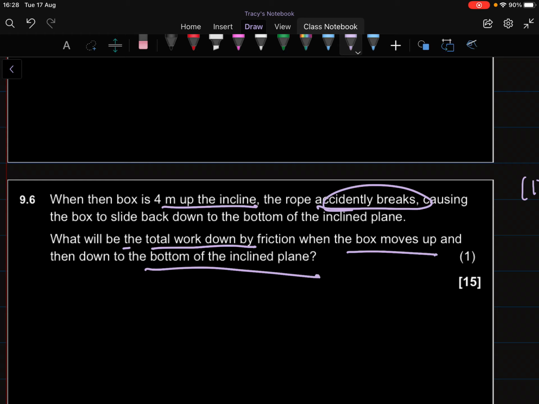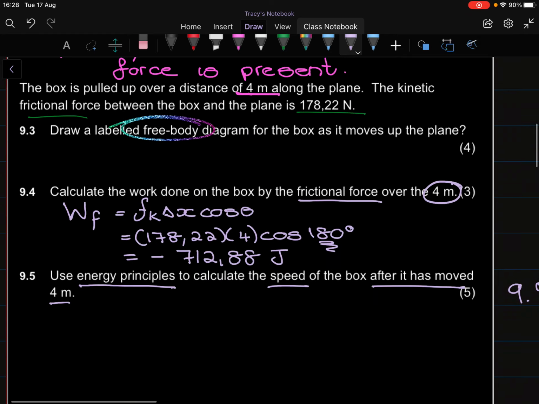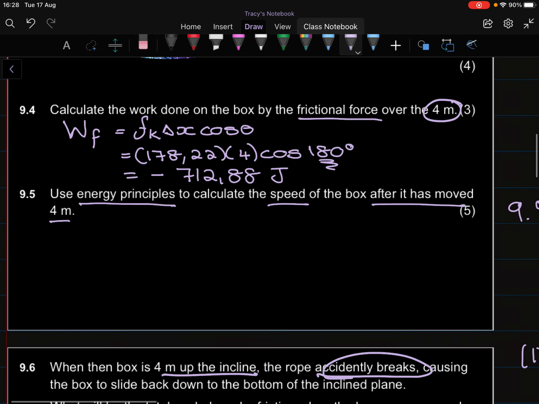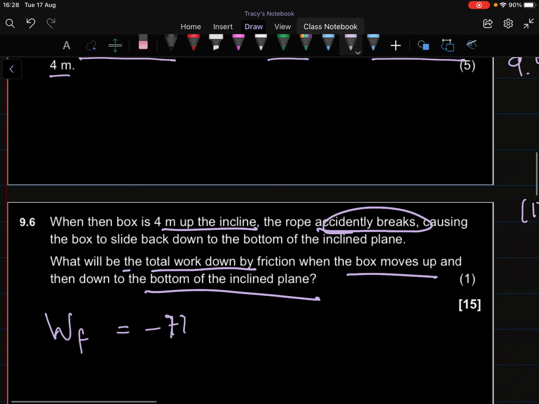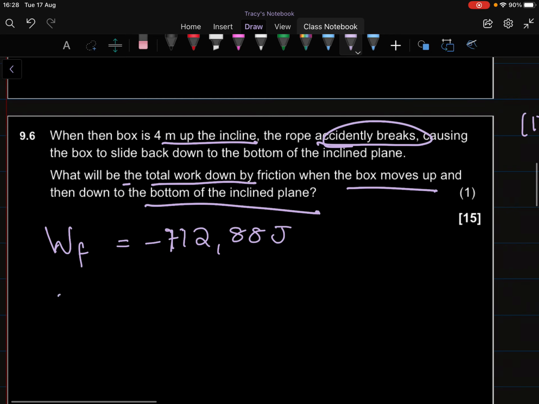We worked out that the work done by friction when it moved up was minus 712.88 joules. Friction can never do positive work. So if it did minus 712.88 joules on the way up, if it travels exactly the same distance on the way down, it's going to do the same amount of work on the way down.